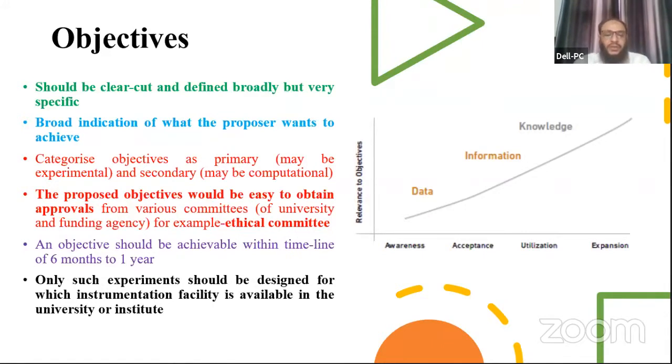And beyond these criteria, we should also have an idea whether the instrumentation facility available in the institute or university allows us to do my experiment. So before writing an objective, we should have an idea of the instrumentation facility available at the university or institute.